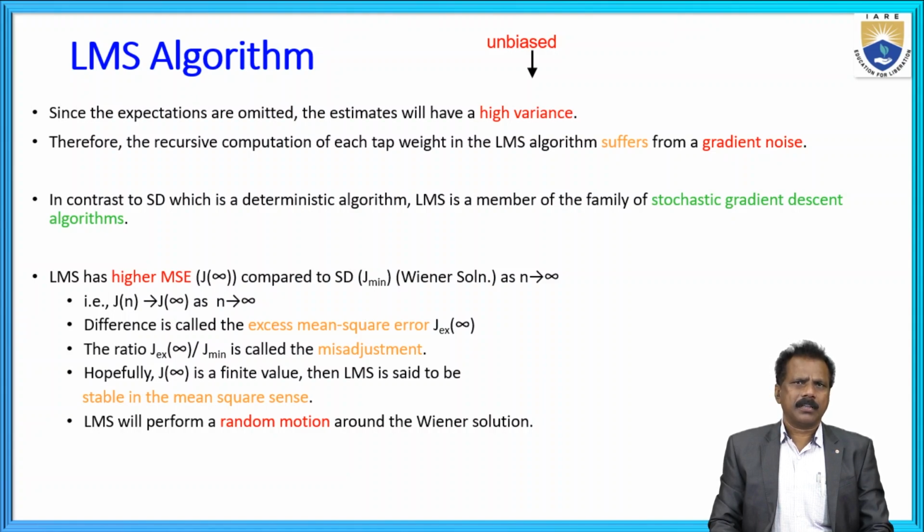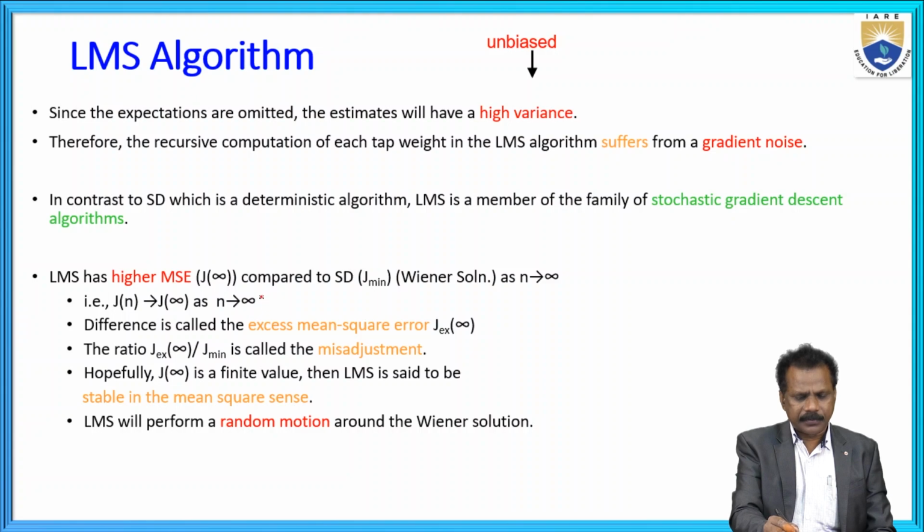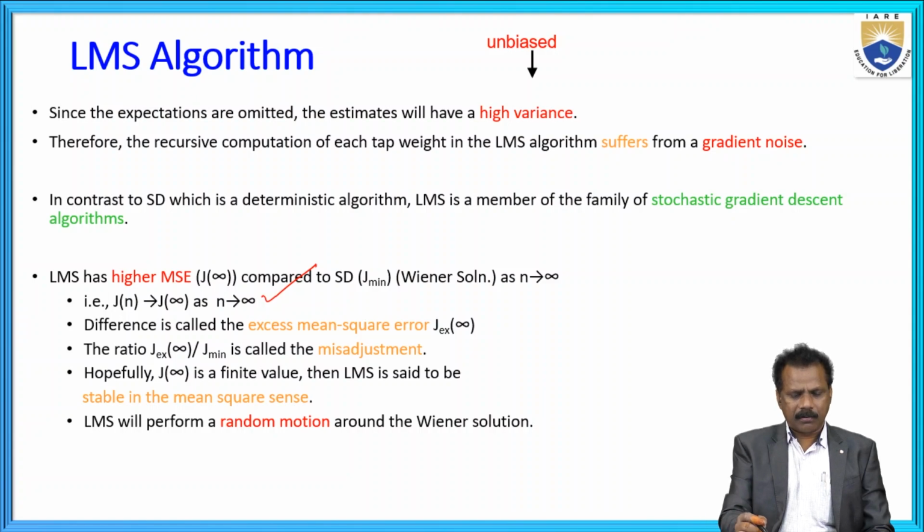Using all this, the higher MSE is from J of n to J of infinity as n tends to infinity. Okay, with this, that difference is called the excess mean square error, here J excess of infinity.